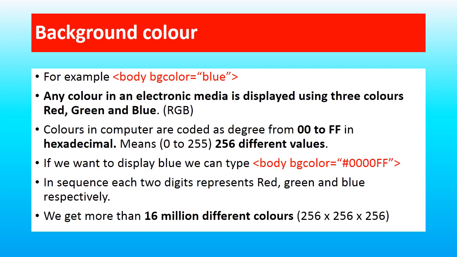The combination of red, green and blue values from 0 to 255, that is each color's quantity could go up to 256, gives us more than 16 million different colors, that is 256 into 256 into 256.